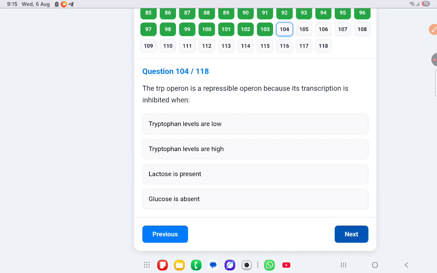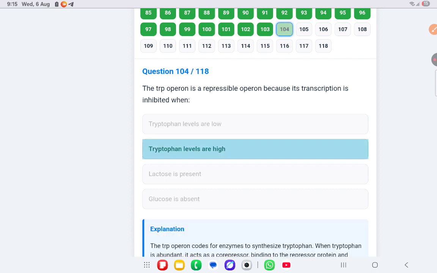Next, the trp operon is a repressible operon because its transcription is inhibited when tryptophan levels are high.